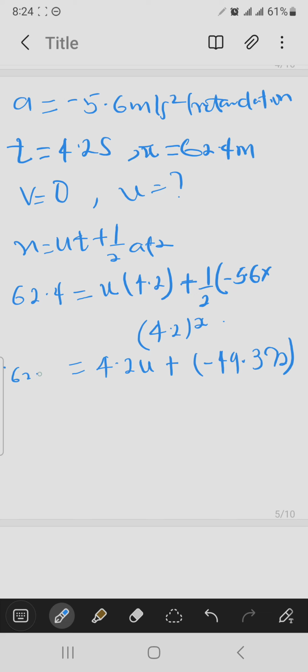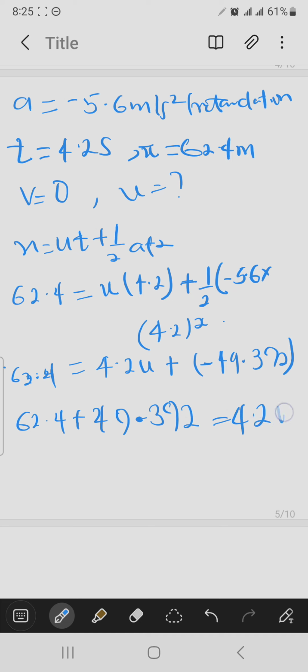Now we have 62.4 here. So now when this one comes here, this one is going to be 62.4 plus 49.392 equals 4.2u. Now u equals this one divided by this alone.